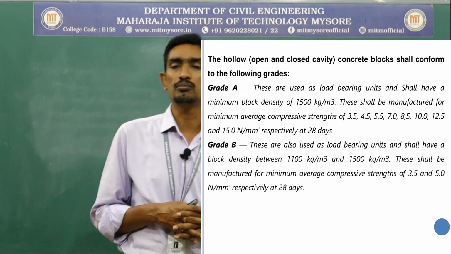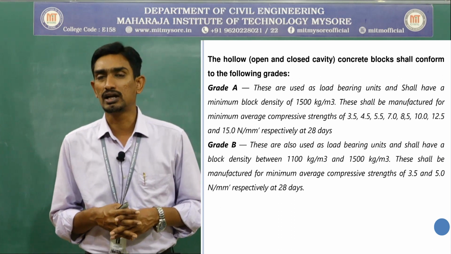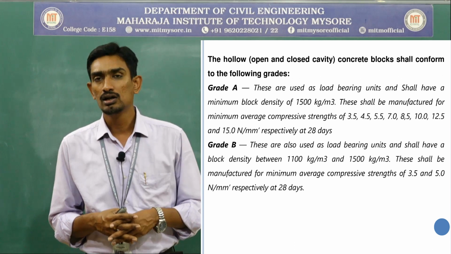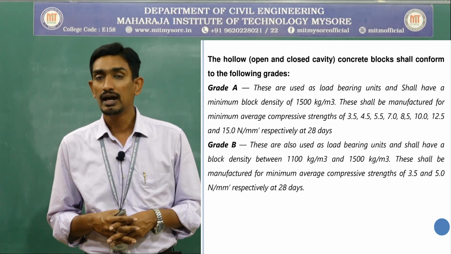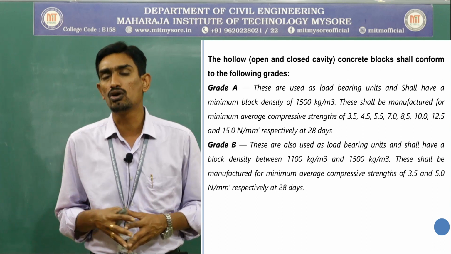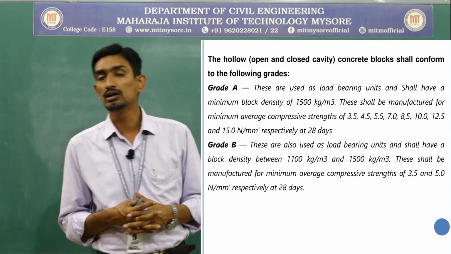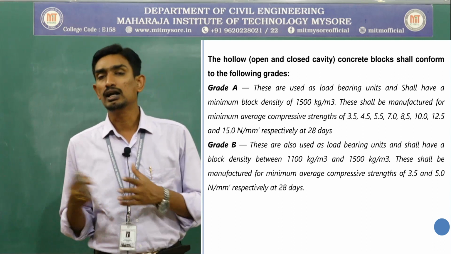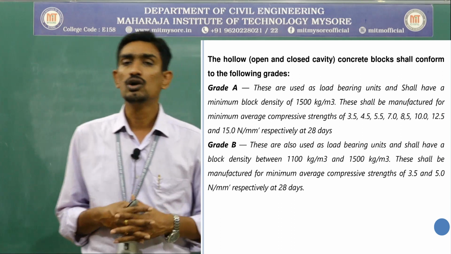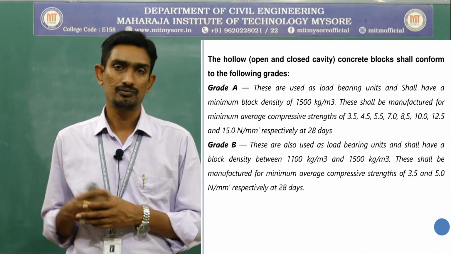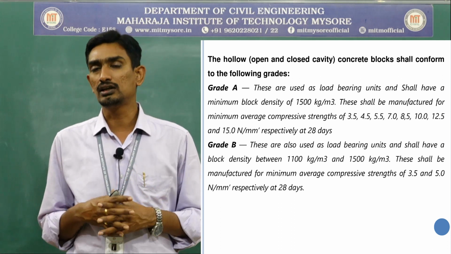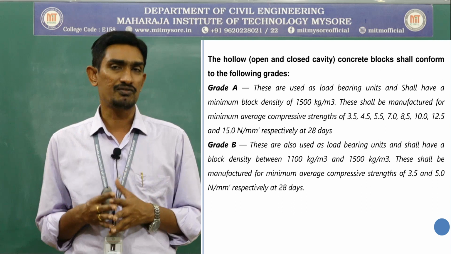The sizes available in the markets are 4-inch, 6-inch and 8-inch concrete blocks. In the market they usually talk in inches. 4 inches means a 100 mm thick concrete block, and 6 inches means 125 mm, likewise. So these are the different thicknesses of concrete block they manufacture.